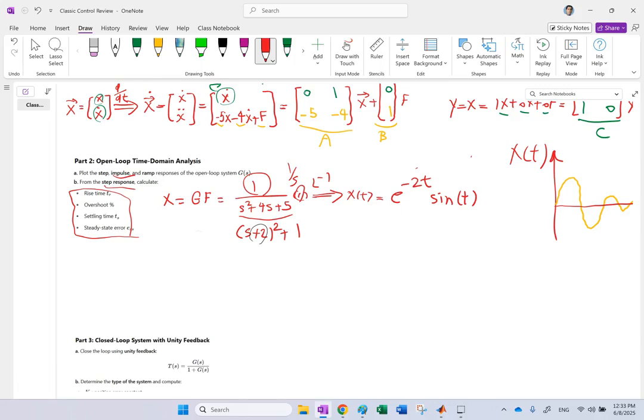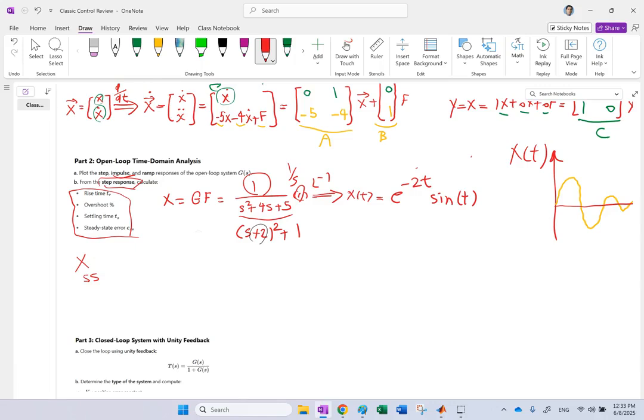Okay, now if somebody asks around what number the system would oscillate, for instance, what is x steady state in response to a step input, what value would the system settle at? Well, let's find it. It's not really that hard.